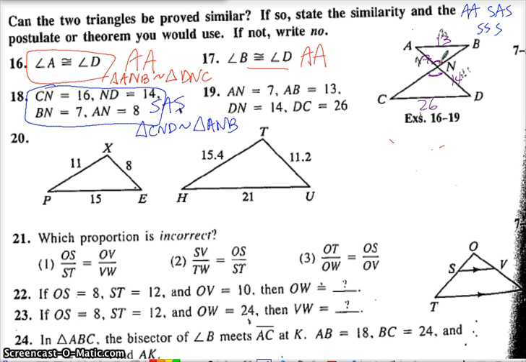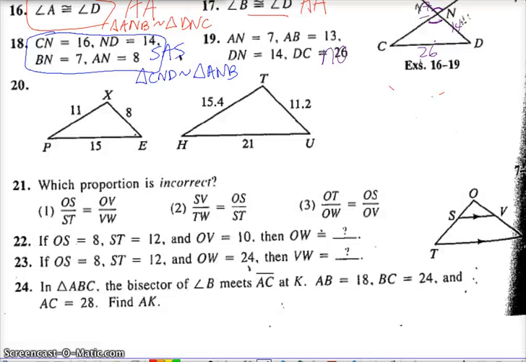But this time we don't know anything about NC or BN, and so we have a side-side-angle situation. So we cannot determine that the triangles are similar here because we don't have side, we don't have side, and we do not have angle. So there's no way to prove that those two triangles are in fact similar.